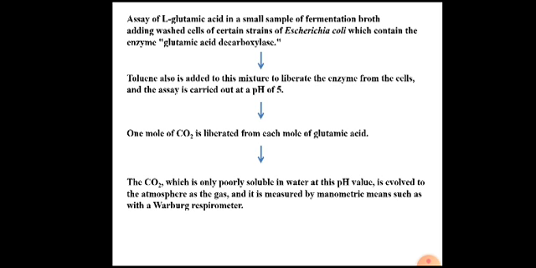The CO2, which is poorly soluble in water, that is in the medium, at this pH value, is evolved into the atmosphere as gas, and that gas is trapped in a chamber and measured by manometric means, such as with Warburg's respirometer, which is equipment that will directly measure the quantity of CO2 generated.